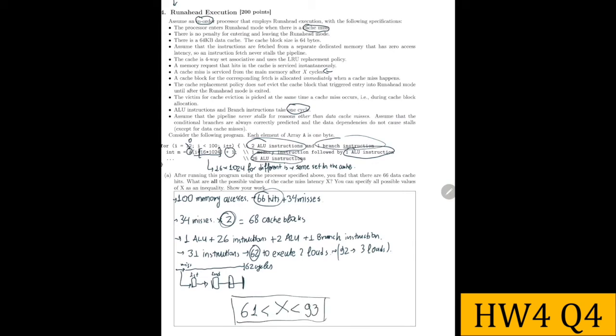I will repeat. If the miss lasts 62 cycles, then run ahead will have time to go in and fetch the first prefetched block. It will execute 31 instructions to reach the second memory miss, and then another 31, and it will exit run ahead mode.